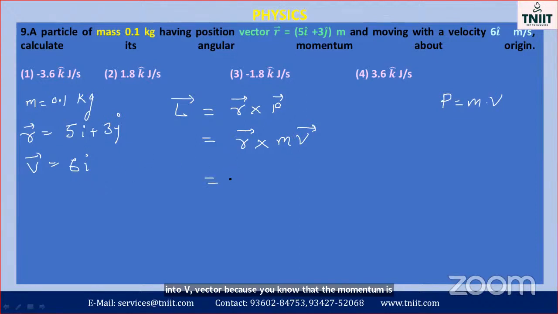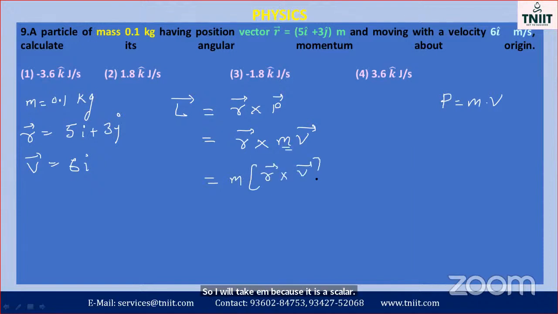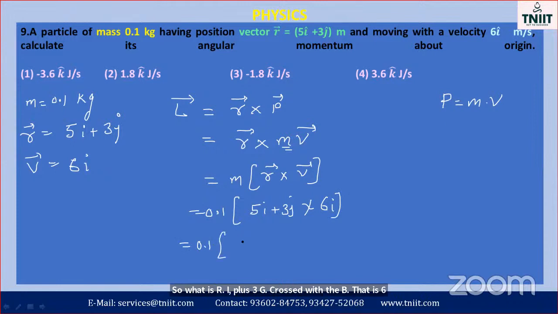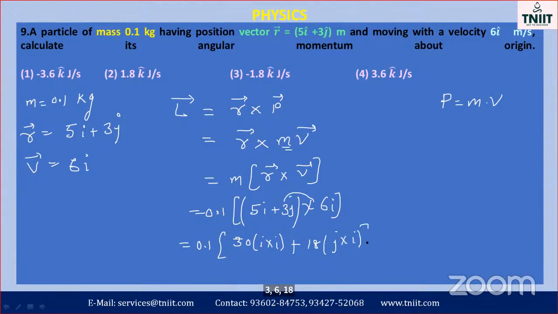So I will take m because it is a scalar, it will be r cross v. So what is mass? 0.1. So what is r? 5i plus 3j crossed with v, that is 6i. 0.1, first I will multiply this: 5i into 6i, so 5 sixes are 30, i cross i, plus 3 sixes are 18 into j cross i.